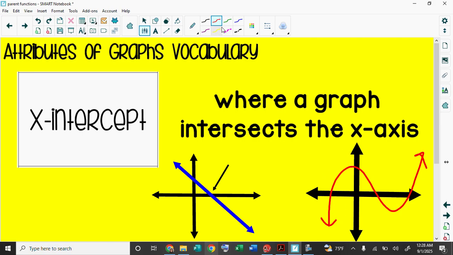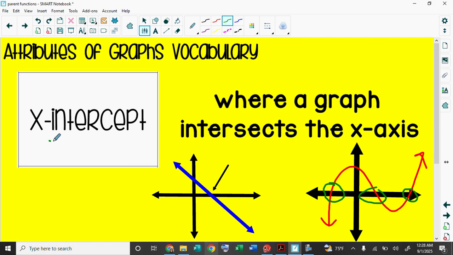This graph has 1, 2, 3 x-intercepts at any place where it intersects the x-axis.